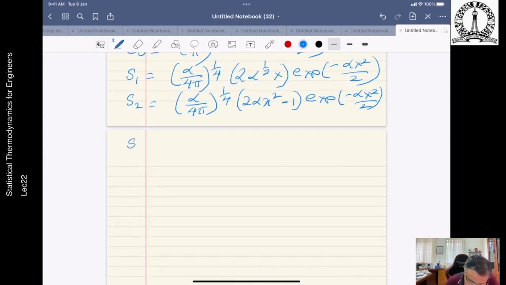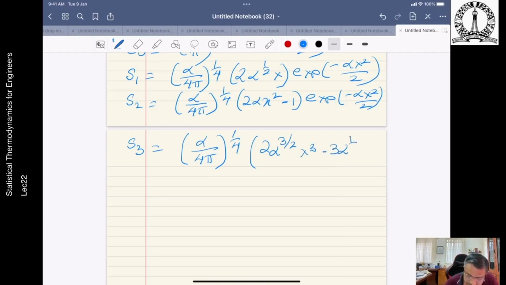And psi 3 is (alpha by 4 pi) to the 1/4 into (2 alpha to the 3/2 x cubed minus 3 alpha to the half x) exponential minus alpha x squared by 2. All right, so these are the first few solutions for the harmonic oscillator model that we have.